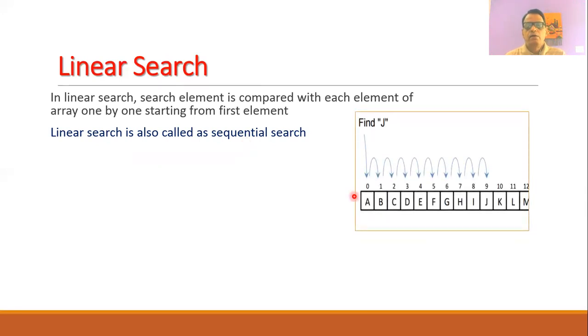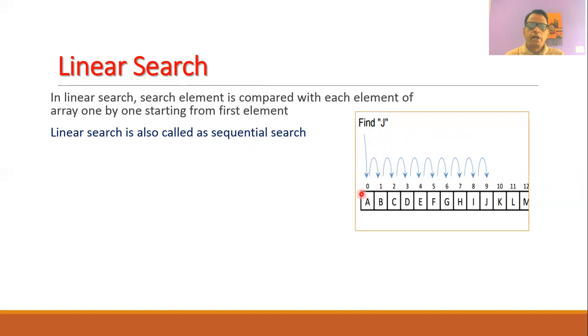Say, for example, we have been given an array where the elements stored are the characters A, B, C, D, E, F, G up to M. Now, suppose we want to find whether the element J is present in the list or not. We compare this search element with the first element.